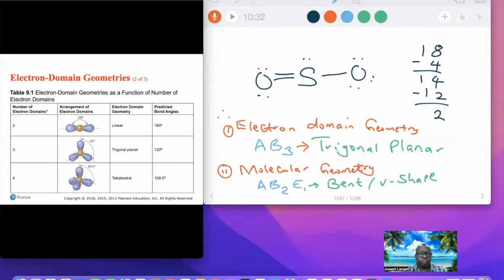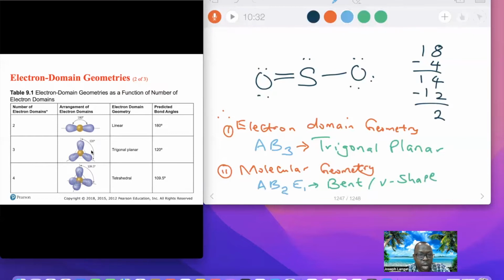What do I mean? When we say trigonal planar, how many domains around the central atom? This is a domain, this is a domain, this is a domain. And remember, these are electrons. For this one domain, there's another domain, there's another domain. That is why it's trigonal planar, and it's 120 degrees, 120 degrees, 120 degrees.